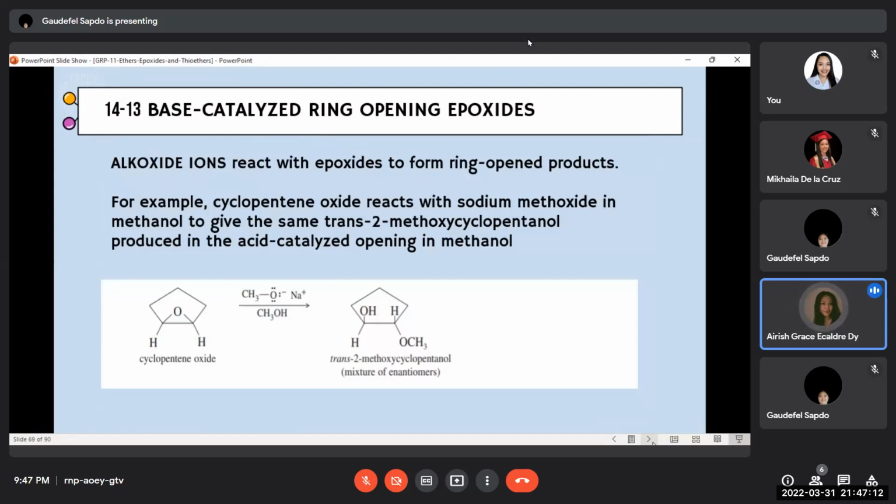For example, cyclopentene oxide reacts with sodium methoxide in methanol to give the same trans-2-methoxycyclopentanol produced in the acid-catalyzed opening in methanol. So next slide, please. Next slide.